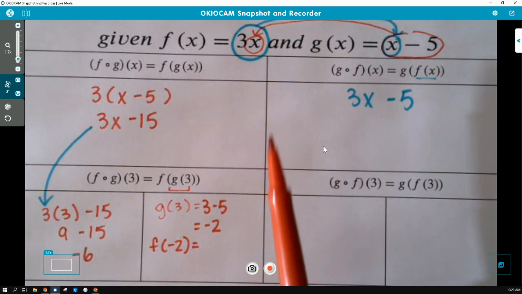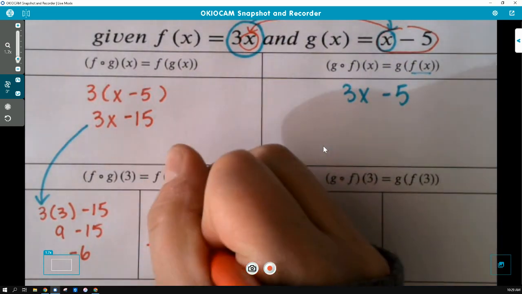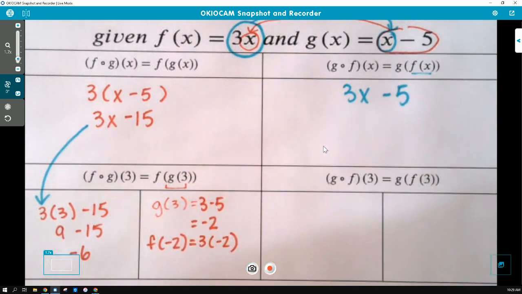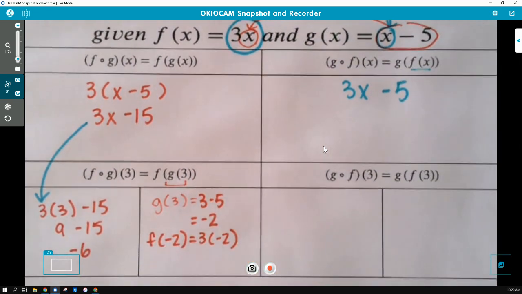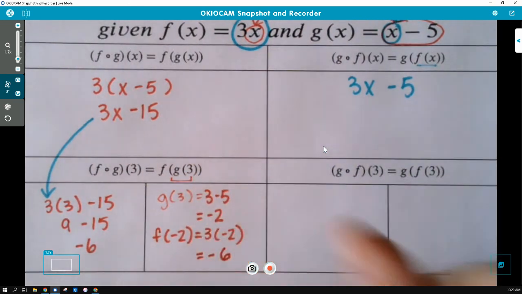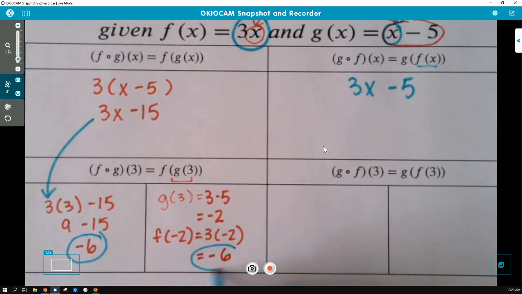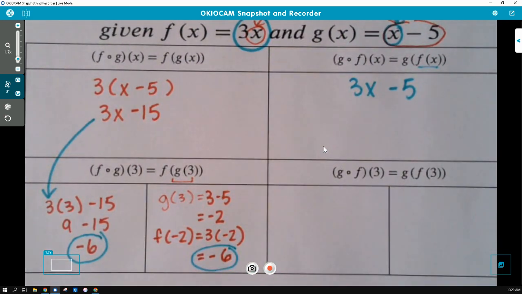F of negative 2 will be this 3 times negative 2, which 3 times negative 2 is negative 6. So this was me doing this same problem in 2 different ways. You obviously don't need to do it both ways. I just wanted to show you both ways in notes so that you would have both ways.